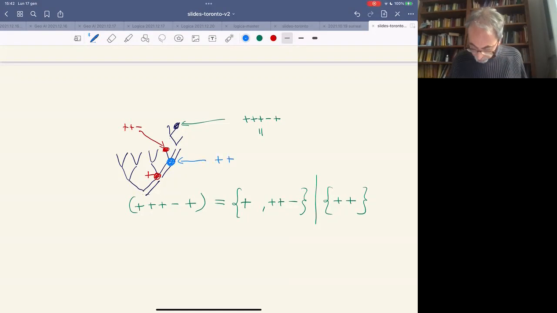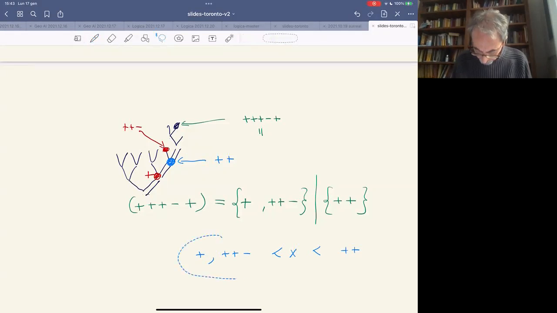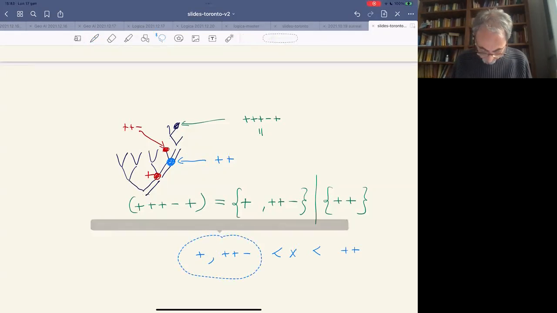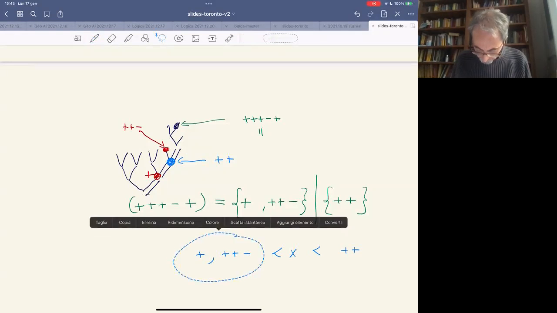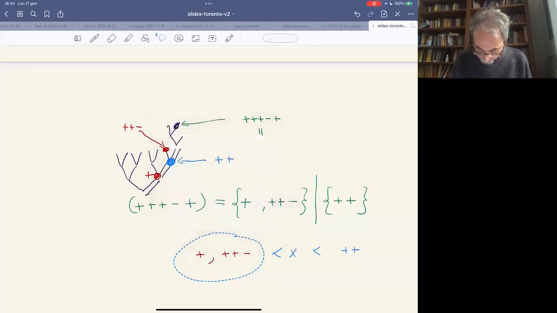We are looking for an x which is bigger than plus and also bigger than plus, plus, minus, but smaller than plus, plus. So bigger than the red ones, but smaller than the blue.